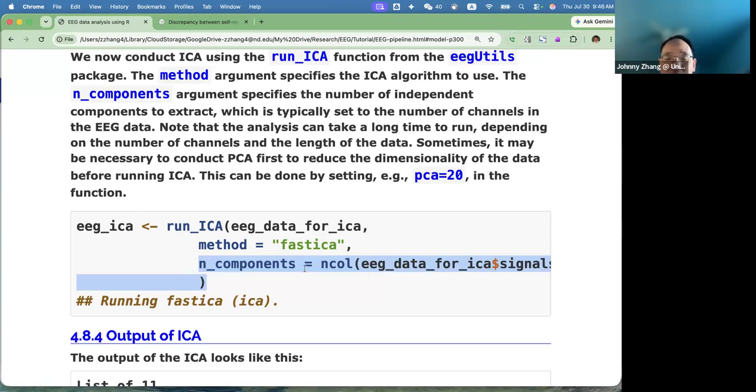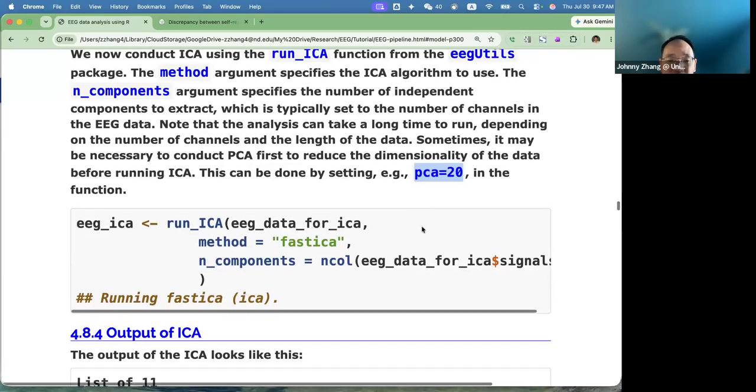Therefore I use the number of components equal to 59. Sometimes if you have very high correlation in your signals, you may want to do a PCA, principal component analysis, first, and then you can do ICA. If you want PCA, you add PCA equal to, for example, 20 into this function to do a PCA first.